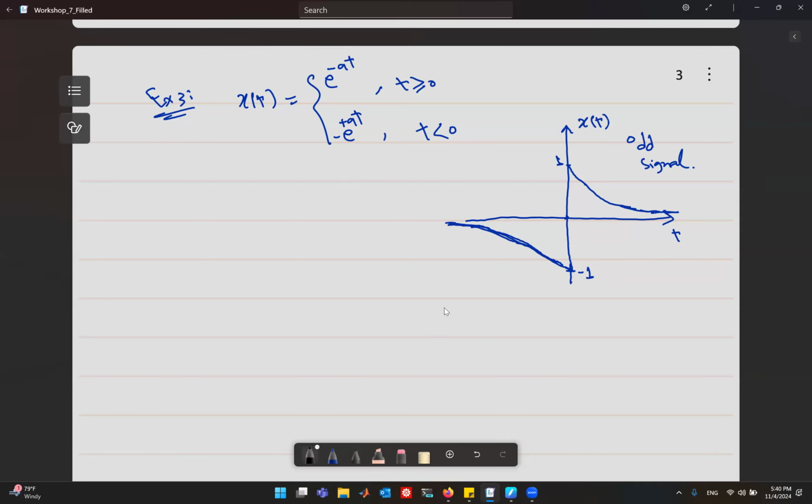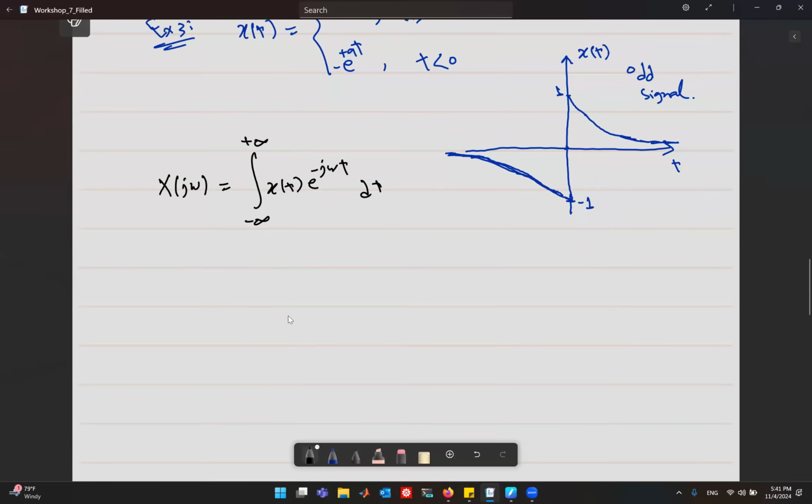The Fourier transform here is, again, the integral from minus infinity to plus infinity of x(t) exponential minus j omega t dt. The signal is defined piecewise, so this integral will be split into two parts.